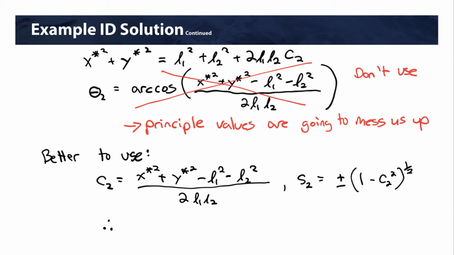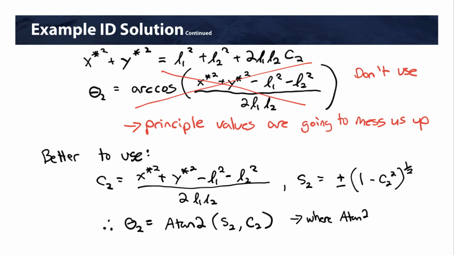So then our theta 2 solution is going to be atan2 of S2, C2, where atan2 is a quadrant corrected arctangent function.